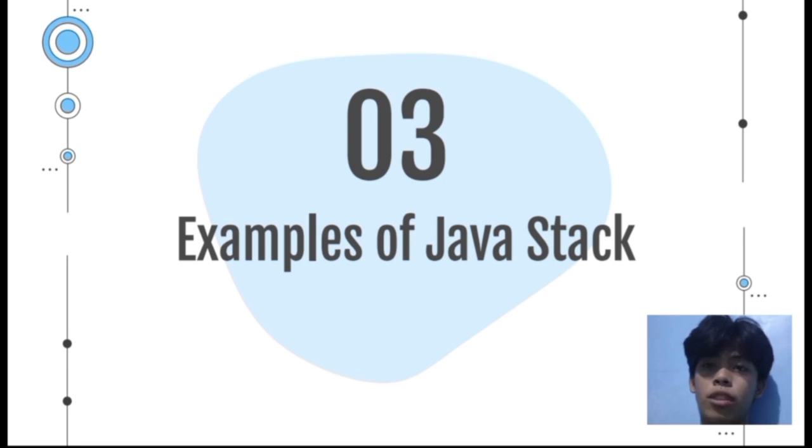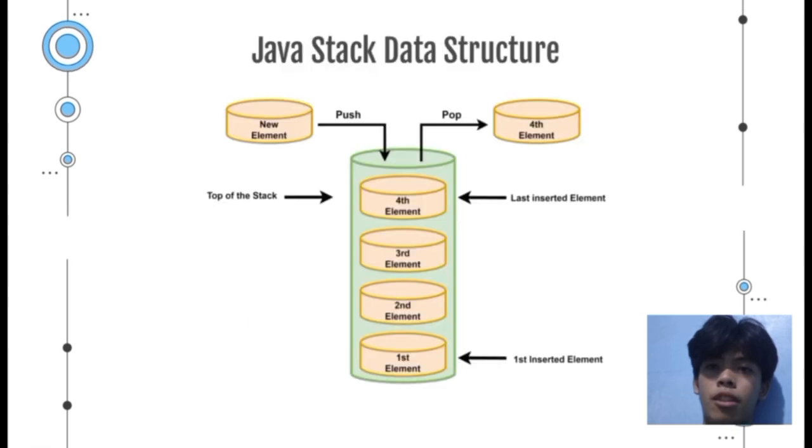Hi, I'm Vergel Bautista, and today we'll explore Java stacks with some examples. As shown in the illustration of the Java stack data structure, elements are stacked on top of each other. The first element added is at the bottom, while the most recent element is at the top.